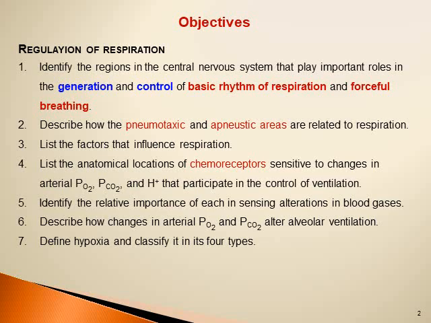And also at the end we have to define hypoxia and classify it in its four types.